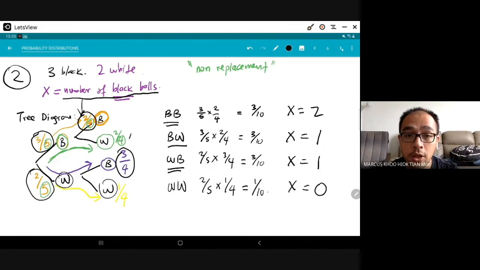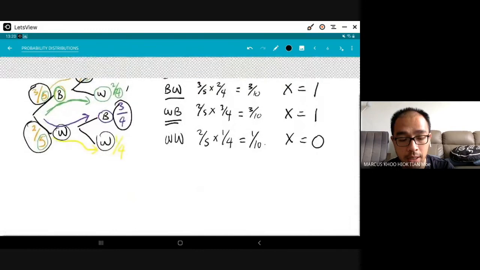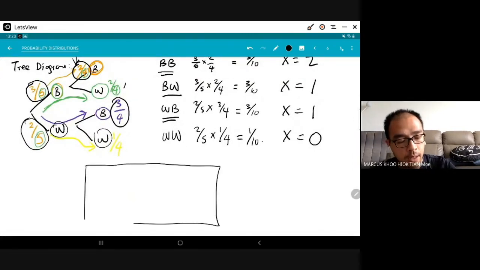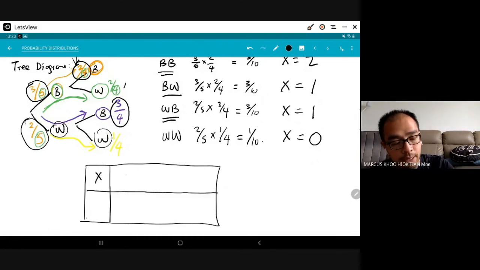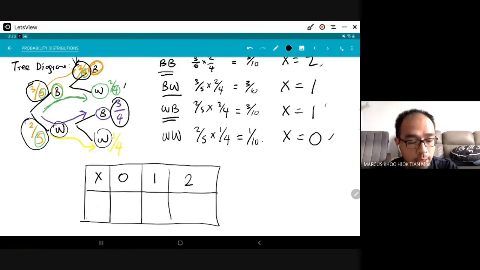Okay. So when we transfer this into a table, okay, let's transfer this into the table. So we have x. There's only 3 numbers, 0, 1, and 2. Kan? Tengok 0, 1, and 2 saja. So what is the probability? When x equals 0, it's only 1 over 10.